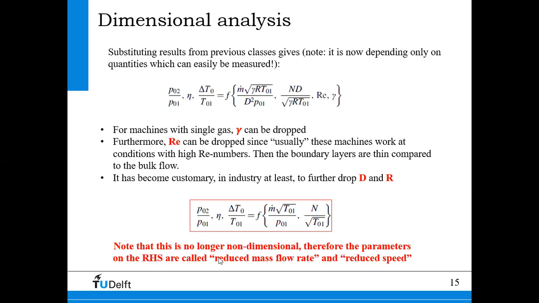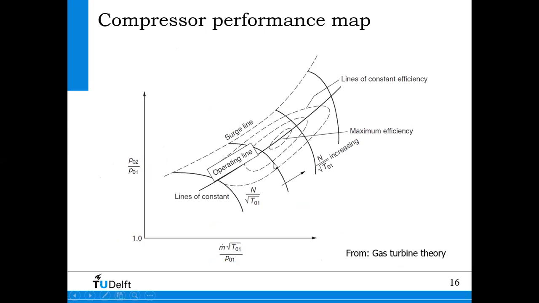Okay, so we talk about reduced mass flow and reduced speed, and we saw those diagrams some time ago. If you look at a compressor diagram, on the x-axis you have the reduced mass flow, and on the y-axis the lines of constant dimensionless speed.